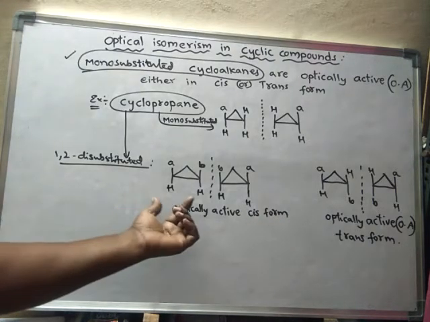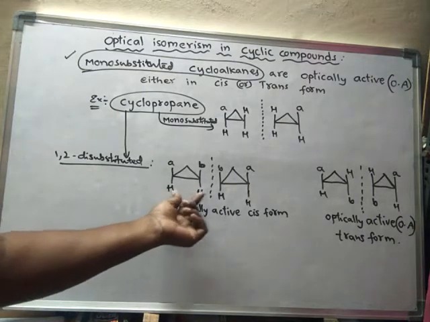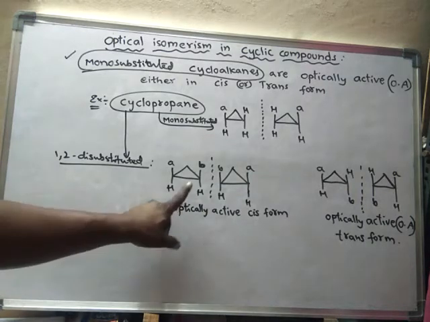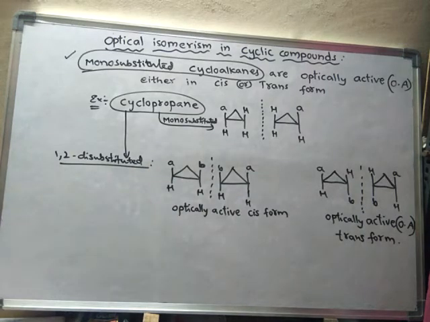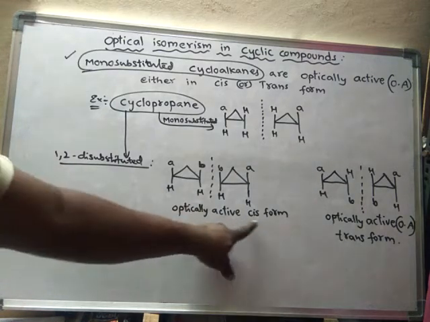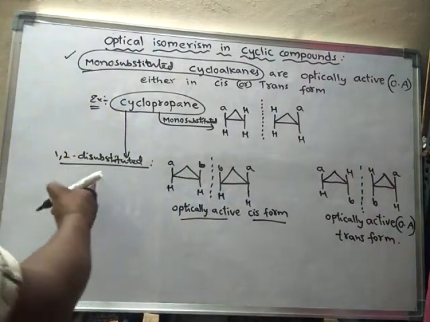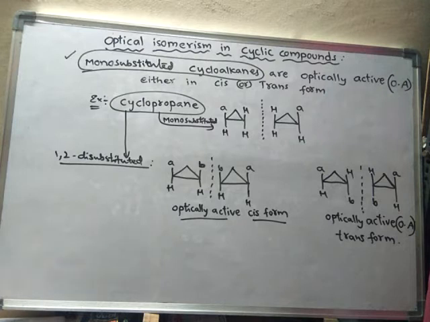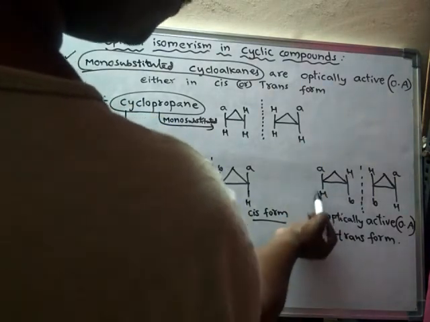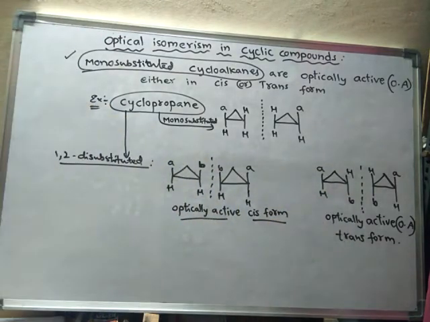So here if I take the cis form of 1,2 disubstituted cyclopropane, it can produce a mirror image which is non-superimposable. Hence it is optically active. So that means 1,2 disubstituted, it has an optically active cis form. And even a trans form also. Okay. So of these two groups, one is above the plane and another one is below the plane.